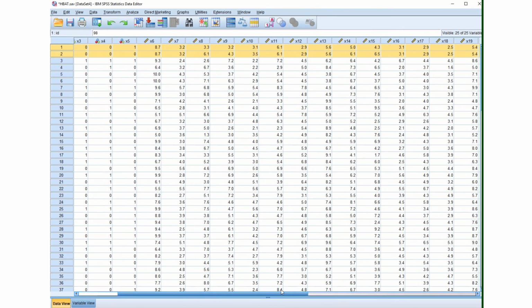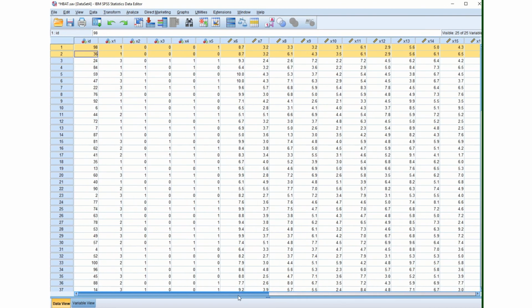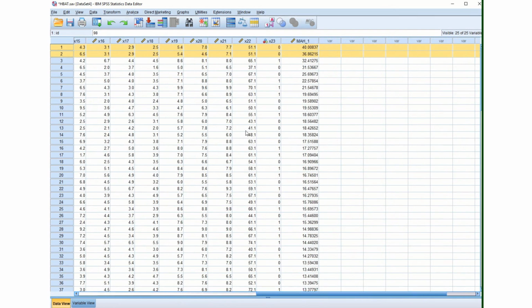This is actually back in line with the text. If you look at the textbook and the ID numbers here, 98 and 36 fall in line with what the text suggests may be out of bounds. If we took 40.008 and divided it by our 13, it's 3.08. That's above 2.5, so that's bad.